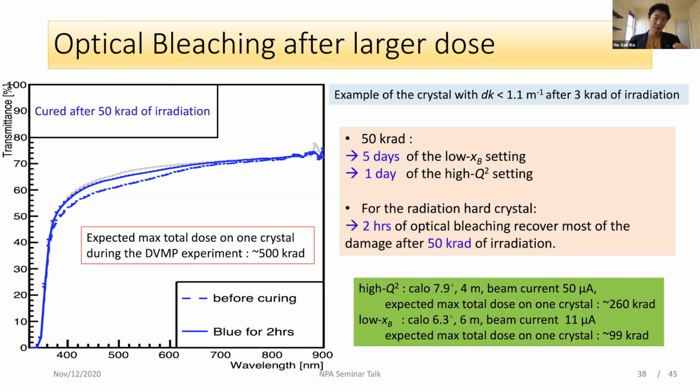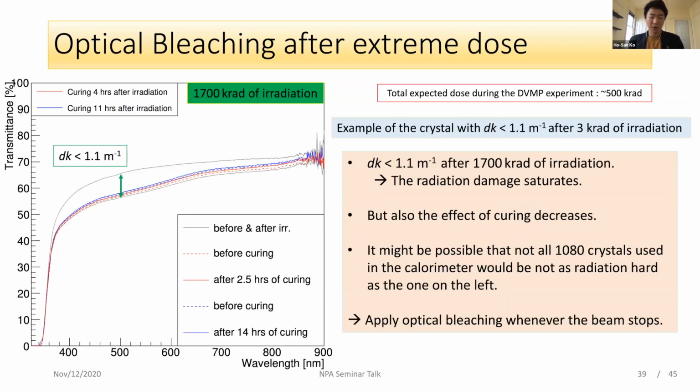And it seems the damage recovers most of it when the crystals are good. That can be the conclusion, but we also tried to kill the crystal by giving a much, much higher dose. This is about 3 times more than the total expected dose on the crystal during the whole experiment.